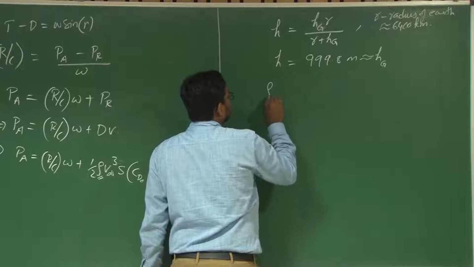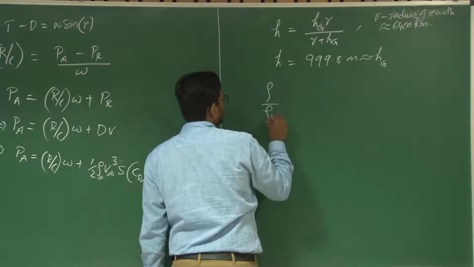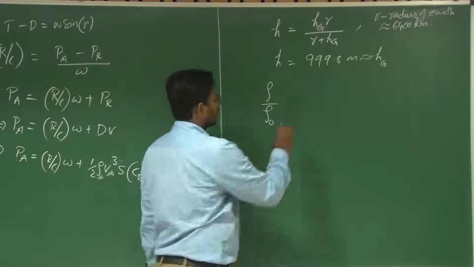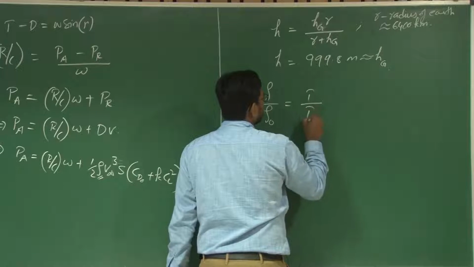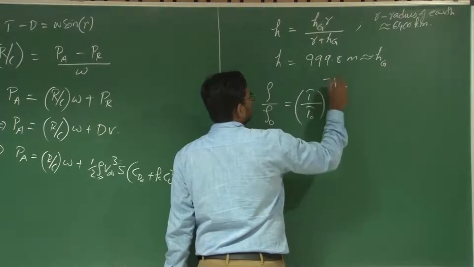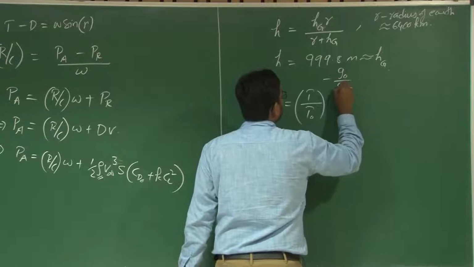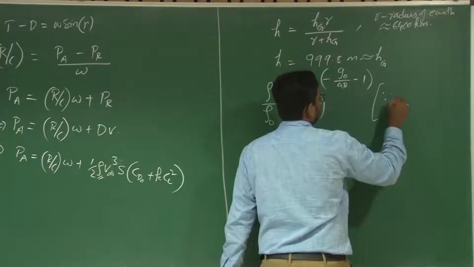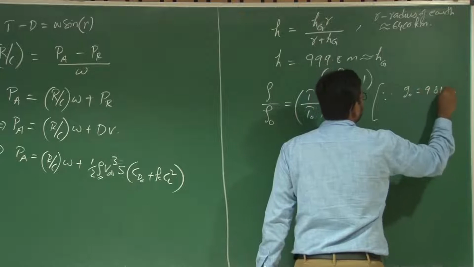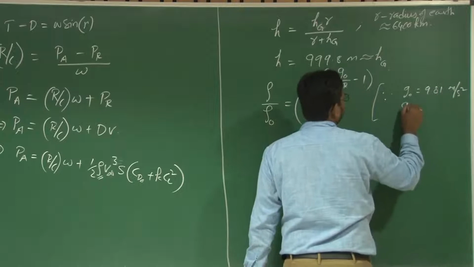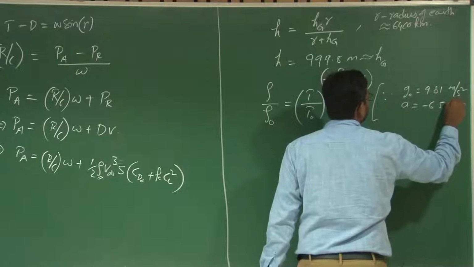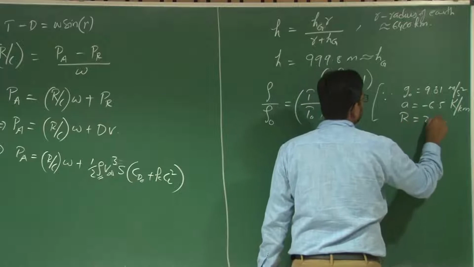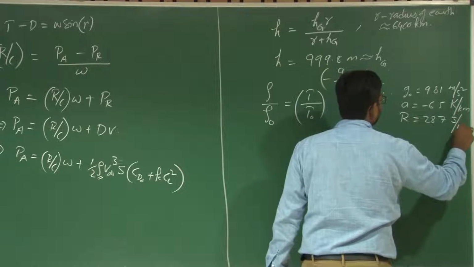Now, I have rho 2 by rho 1, or rho at an altitude divided by rho at sea level, equal to T at an altitude by sea level temperature raised to the power of minus g naught by A R minus 1, where g naught is 9.81 meters per second square, A is minus 6.5 Kelvin per kilometer, and R is 287 joule per kg Kelvin.